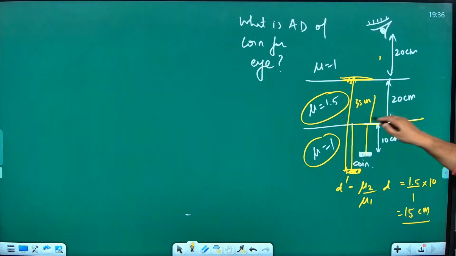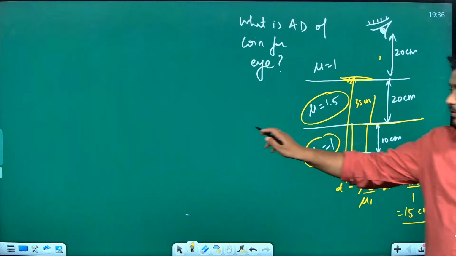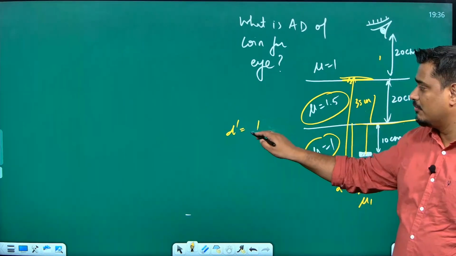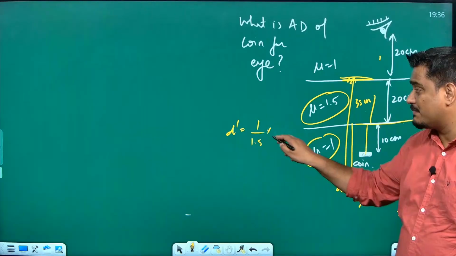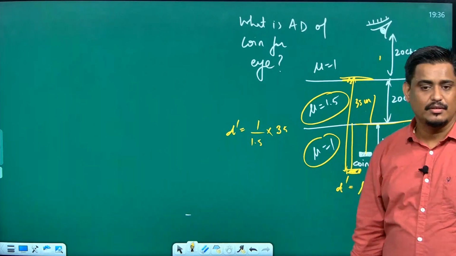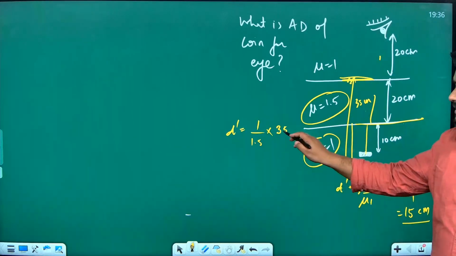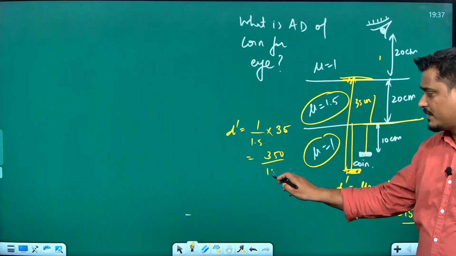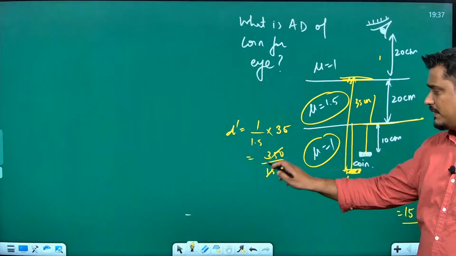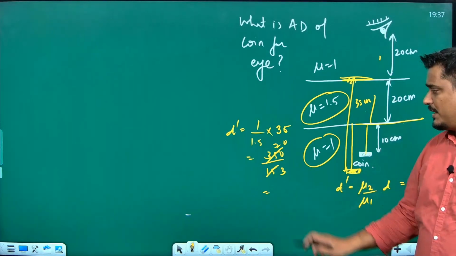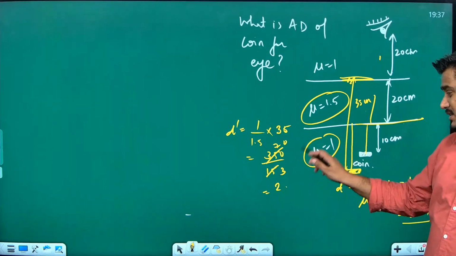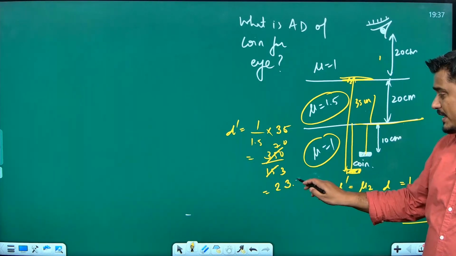And for this 35, I will once again find the apparent depth. So d' = (mu2/mu1) × 35, where mu2 is 1 and mu1 is 1.5. When you solve it, it will become 350 by 15, which is 23.33 centimeter.